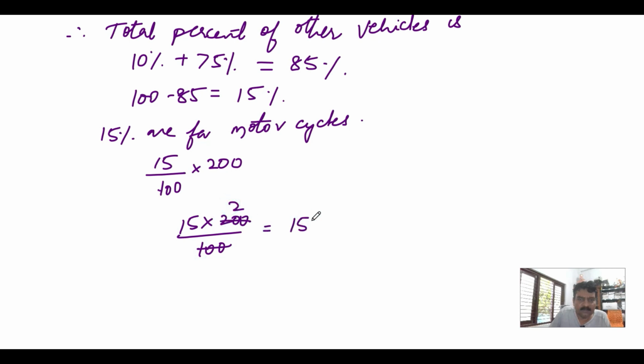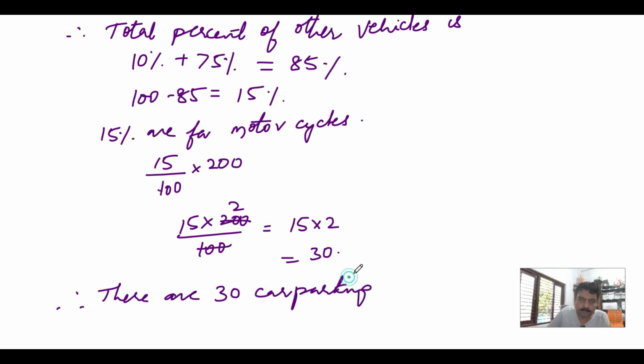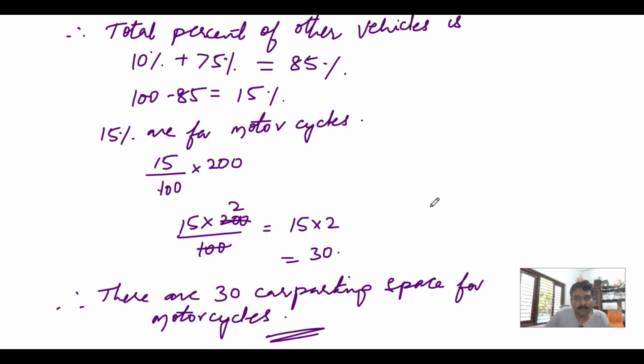That is 15 into 2 is equal to 30. Therefore there are 30 car parking spaces for motorcycles. Thank you.